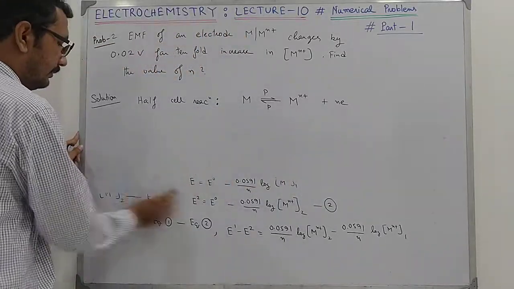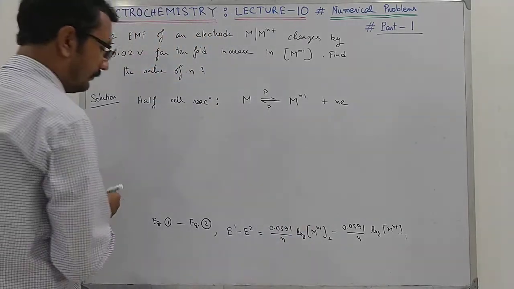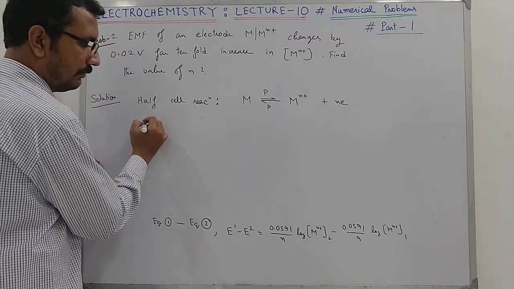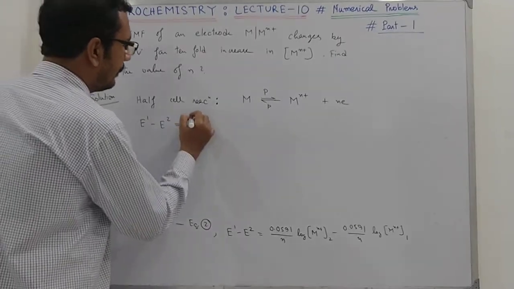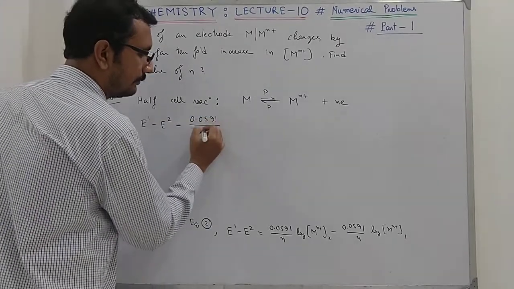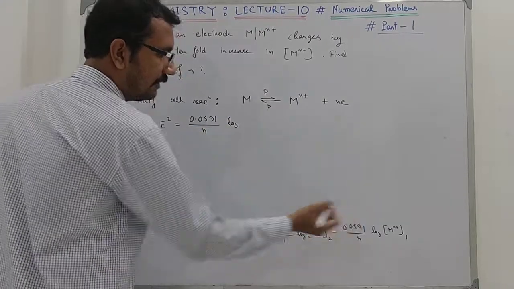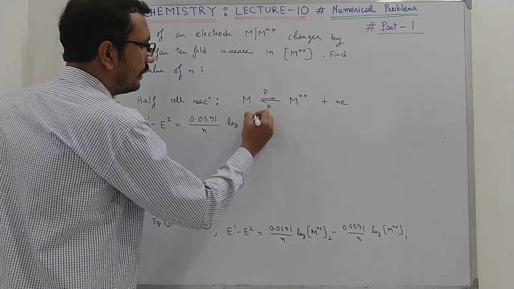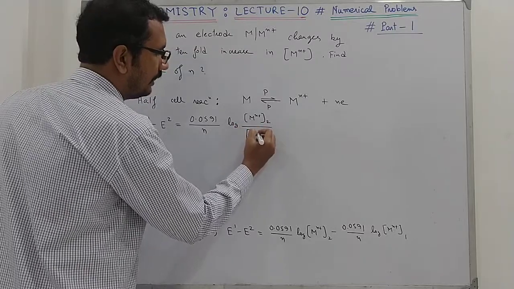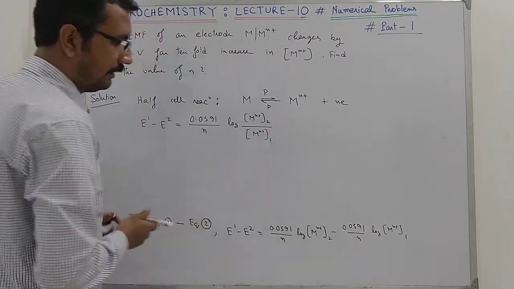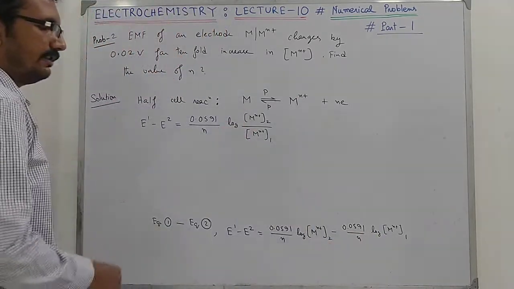Very easy problem. So E1 minus E2 equals, taking 0.0591 by n as common, log of the concentration Mn+ 2 by Mn+ 1. The negative outside the logarithm means they get divided.